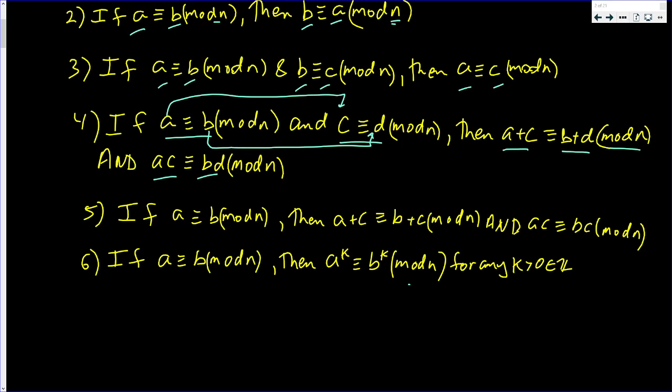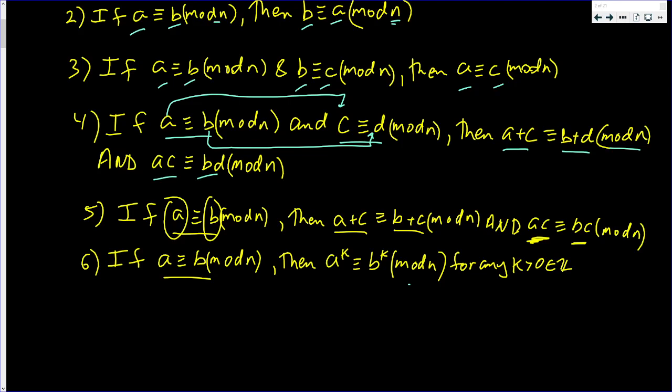Number 5 says that if a is congruent to b mod n, you can add c to both sides and they're still congruent. In fact, you can multiply a by c, there it is, and multiply b by c, there it is, and they'll be congruent. And here's a nice one.